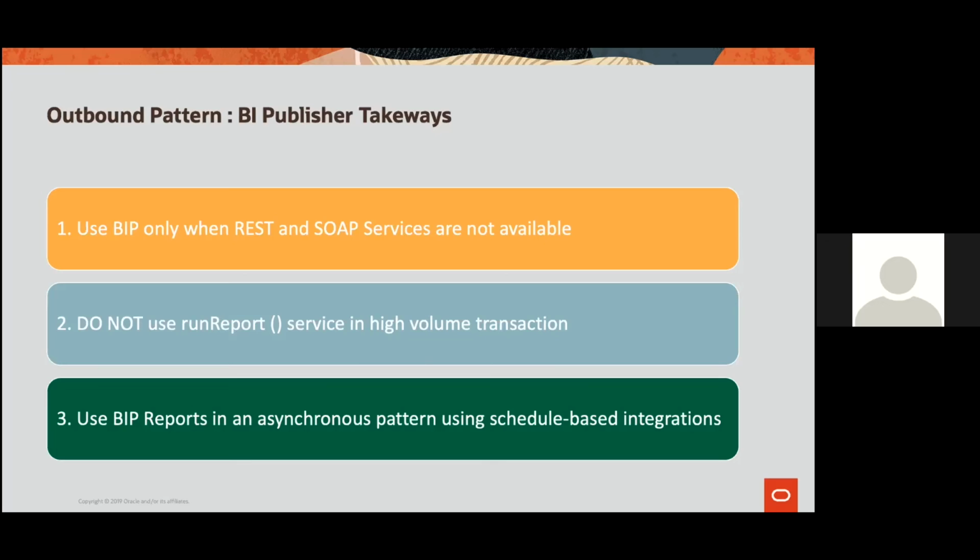So you have to think about designing this in a way to extract data using REST APIs rather than running reports. And you should always use BIP reports in asynchronous patterns rather than synchronous patterns. If you have to make an exception, please document it, because you need to know why you used BIP in a synchronous scenario.